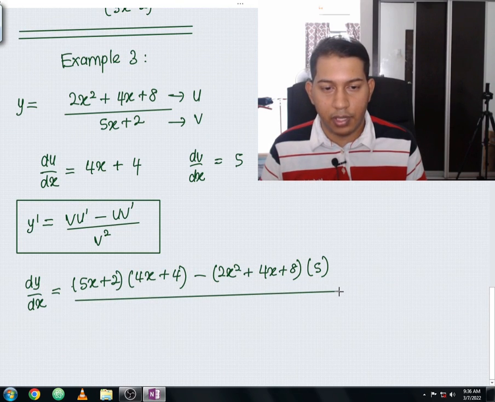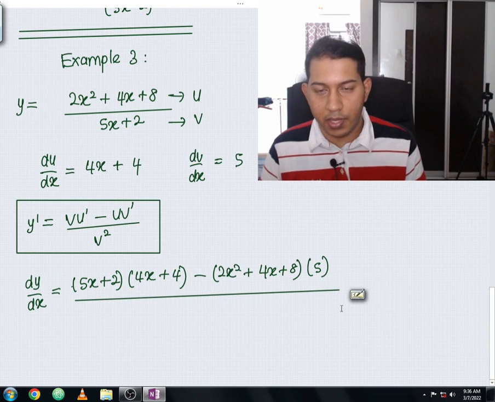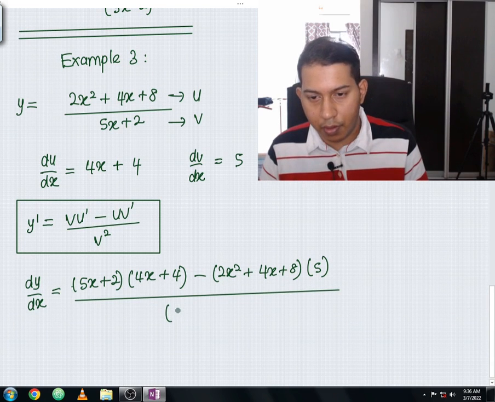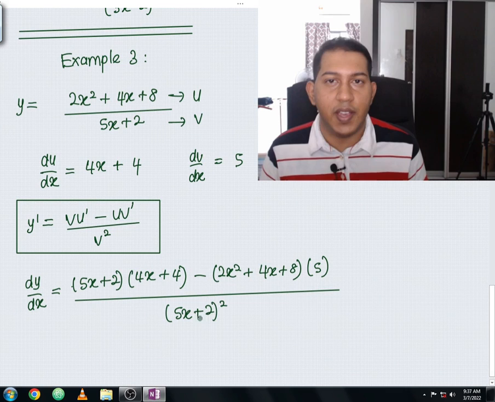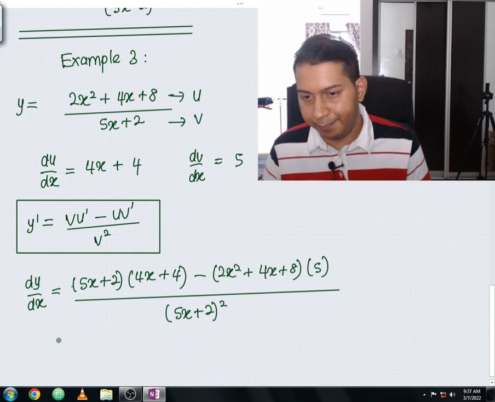Then divide the whole term by v squared. In this case, your v squared is (5x plus 2) squared.